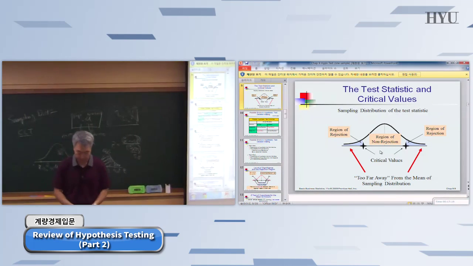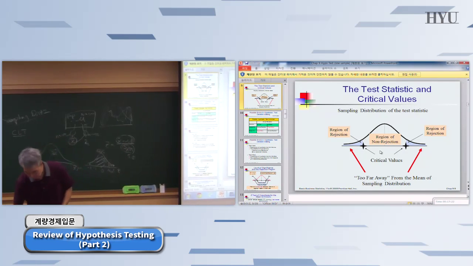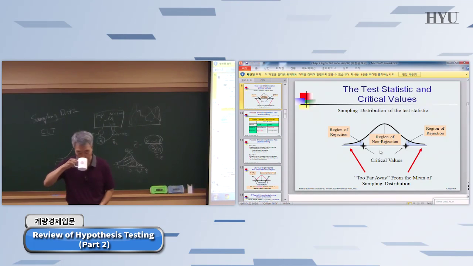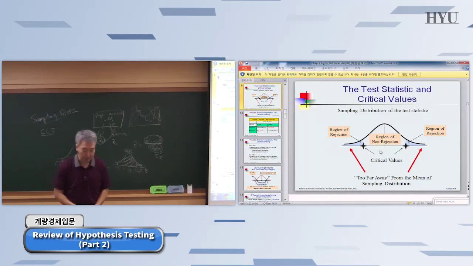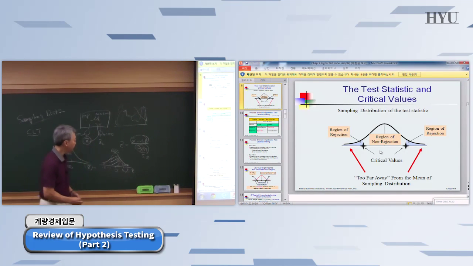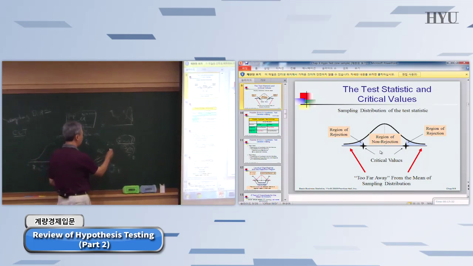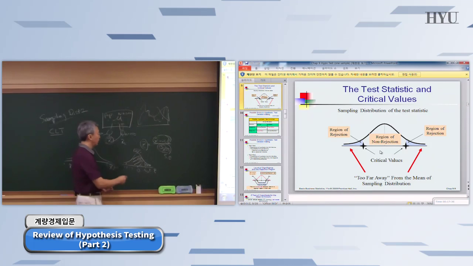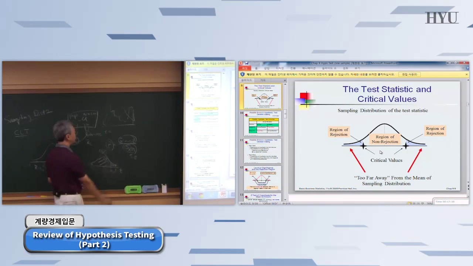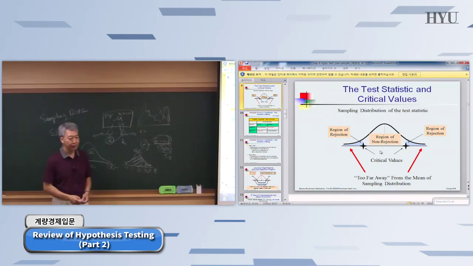Okay? Well, first of all, what is the test statistic? Depending on what situation you are in, you can use either Z or T as your test statistic.